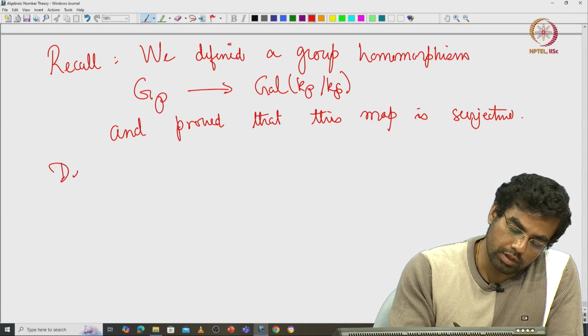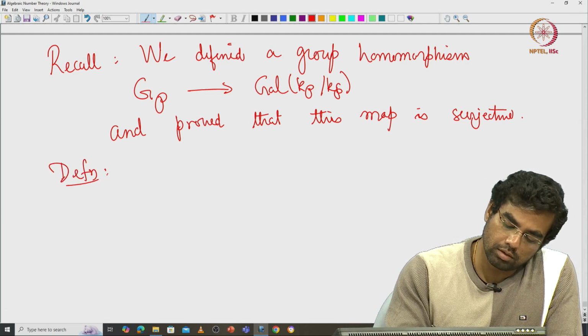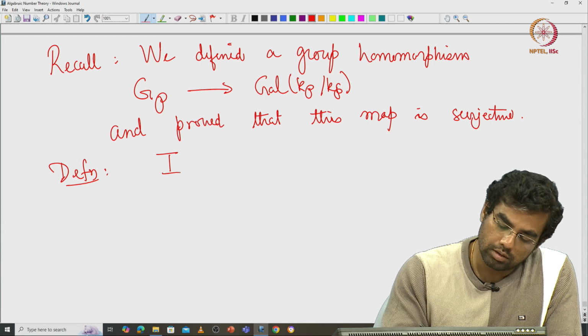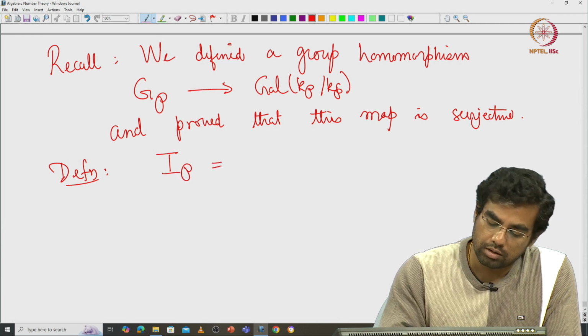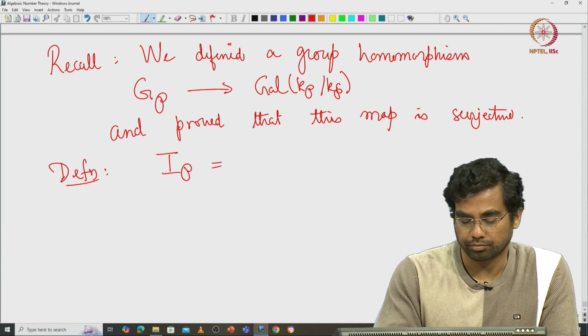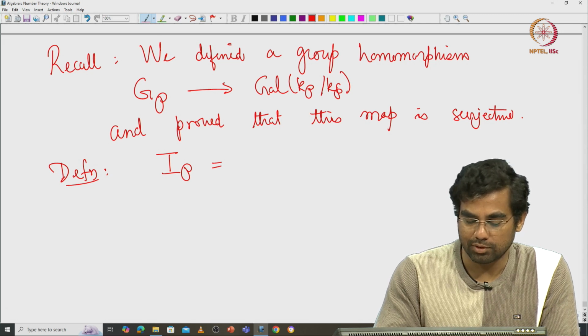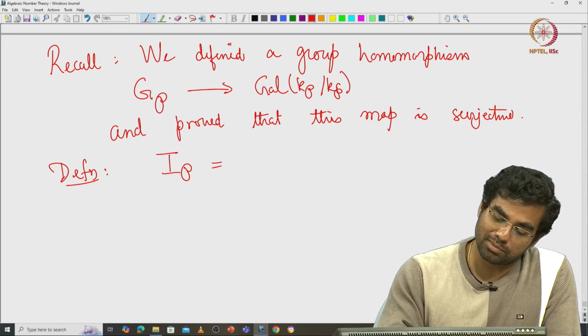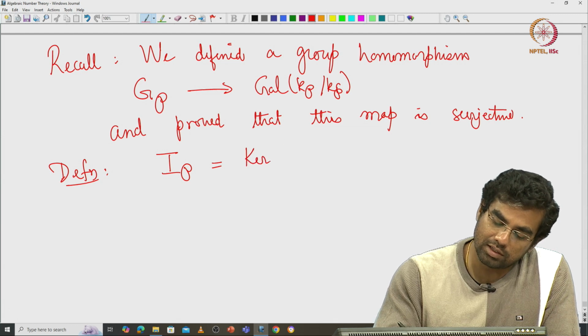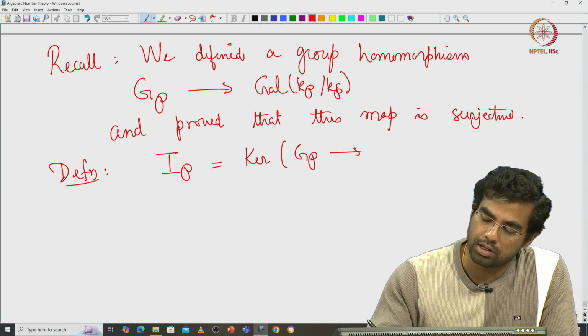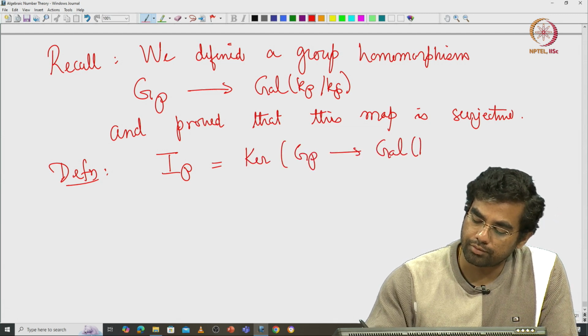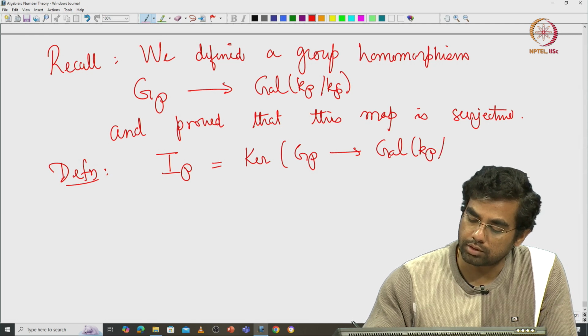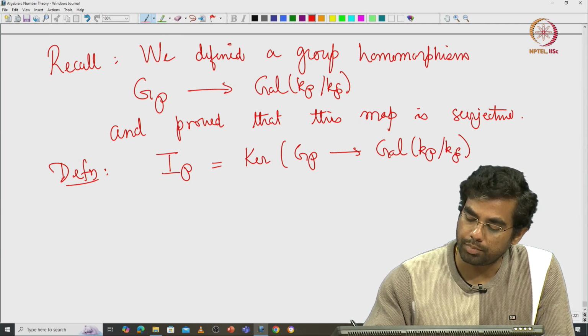So, definition: I sub P is the kernel of this map G sub P to the Galois group of K P over K small p.